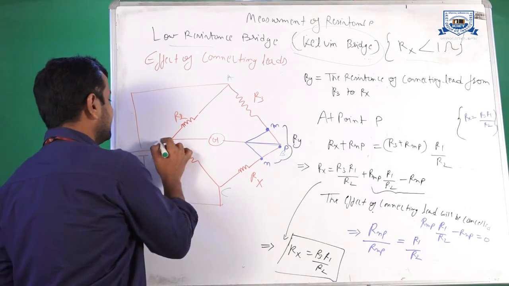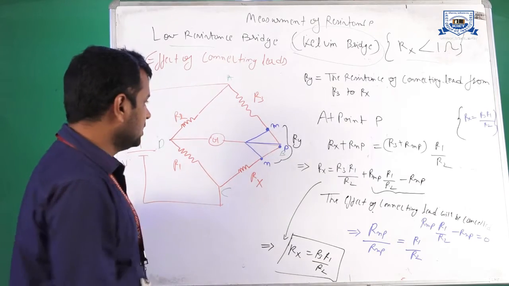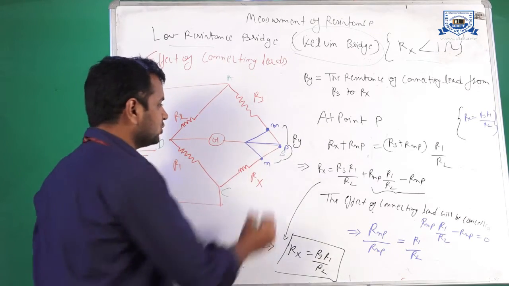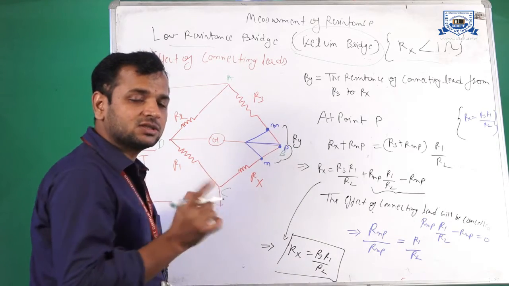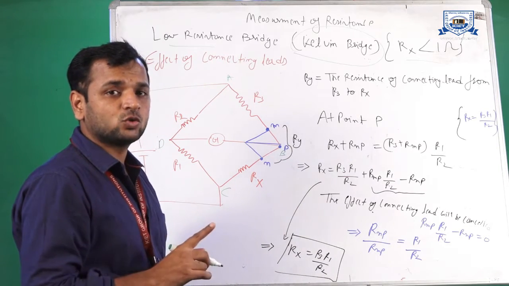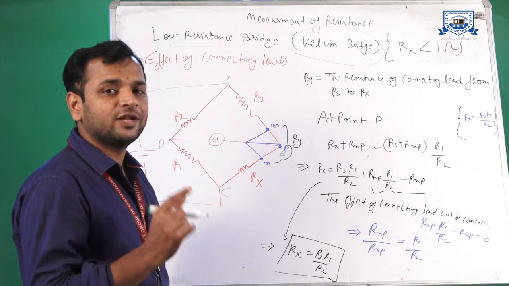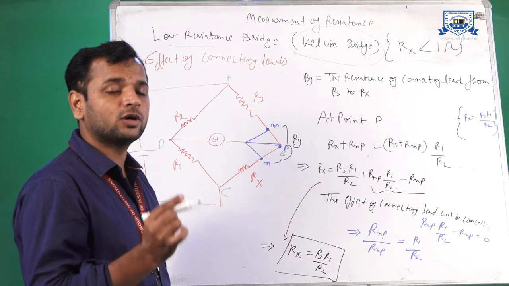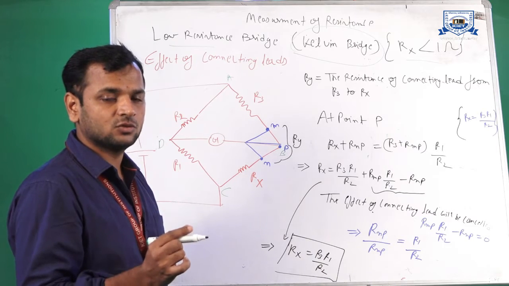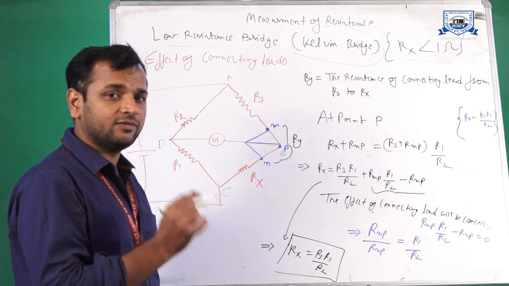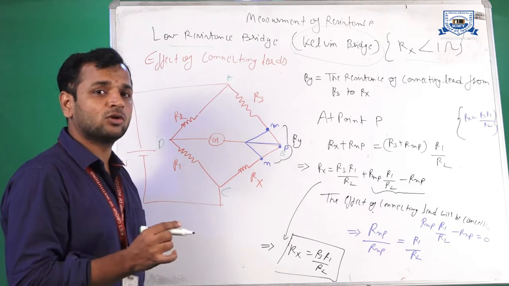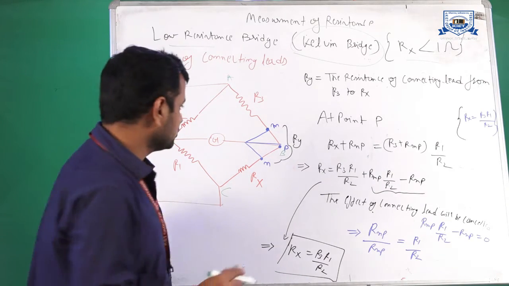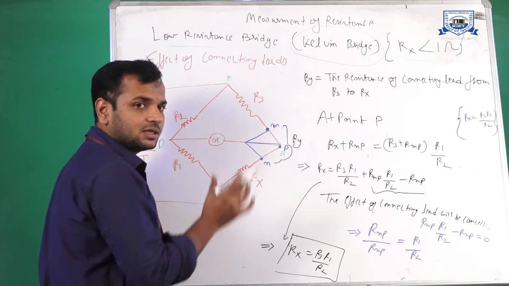The bridge is the same as we saw in the last lecture, but we have combined the 3 points here, because of the disadvantage in the Wheatstone bridge: we are not able to measure very low resistance. When measuring very low resistance we cannot ignore the lead resistance, so we have modified the structure of that bridge.